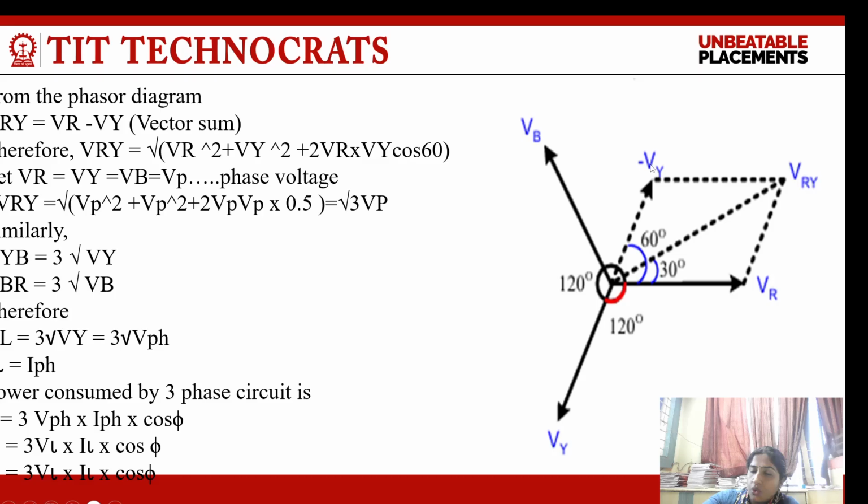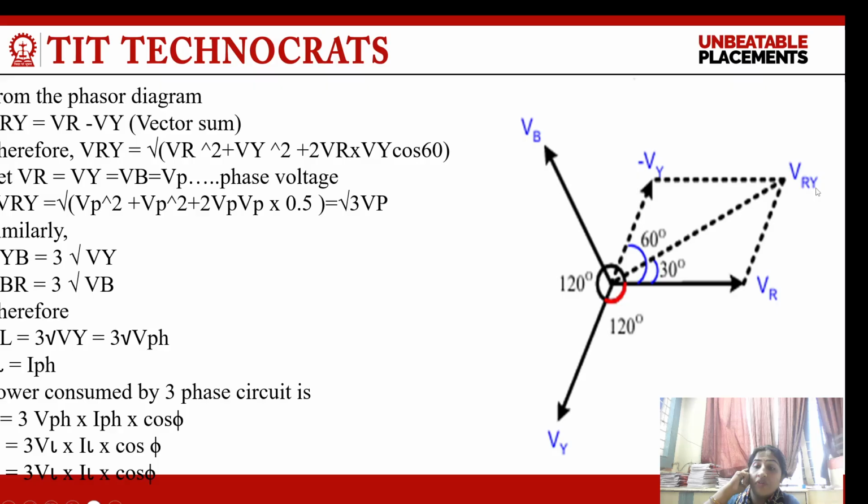The diagonal which you draw in this parallelogram is going to be the resultant, and the value of this can be found out. We give it the name Vry because it is obtained from the two vectors, that is Vr minus Vy. So we give it the name Vry, and we know the line voltage is also given the name Vry.